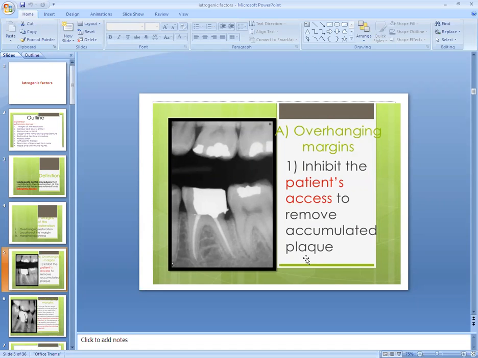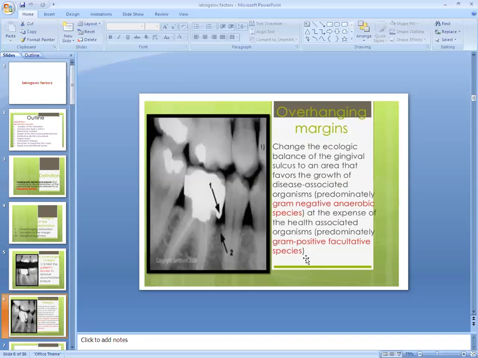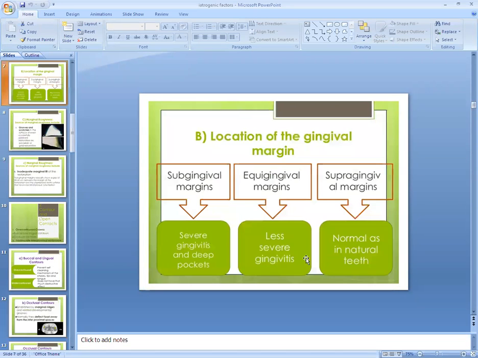Overhanging margins inhibit the patient's ability to remove the accumulation of plaque, so there is a chance of an ecological shift of the gingival surface into an area that favors disease-associated organisms, which leads to periodontal diseases. Because of the overhanging margins, there is an accumulation of food which causes an increase in bacterial growth, resulting in periodontal disease.